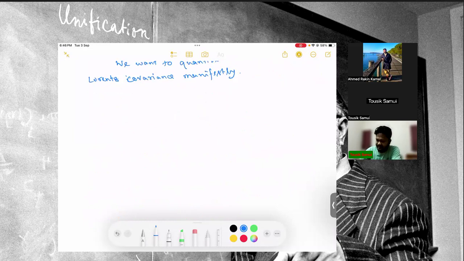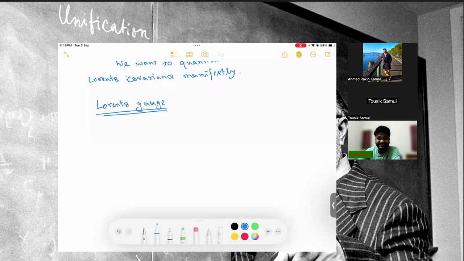For that, instead of choosing the Coulomb gauge, we will choose a different gauge, which is called the Lorentz gauge. In this gauge, just like the Coulomb gauge, we have one condition. The condition that we will be imposing is del mu a mu equals 0.